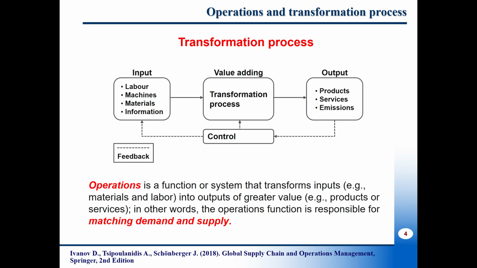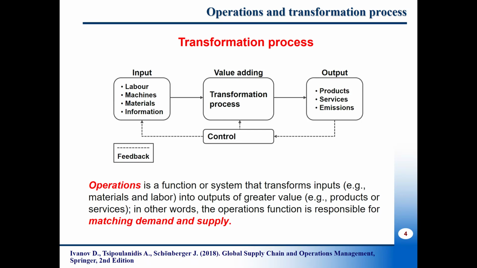If we go back to our first question, what is the transformation process? In front of us, we have a diagram about the transformation process. Basically, the transformation process consists of three different layers or phases: input, value adding, and outputs.